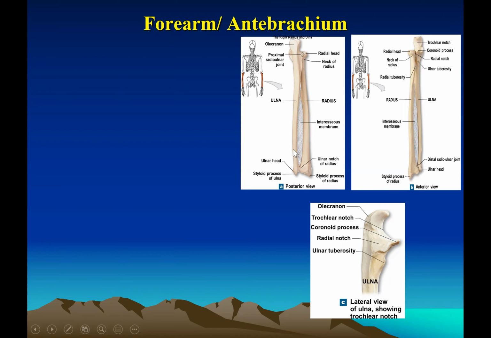So there are two long bones held together by the interosseous membrane. The radius is lateral and the ulna is medial. The radius will line up with your thumb in anatomical position. The radius is the thicker of the two bones. So here's the ulna.